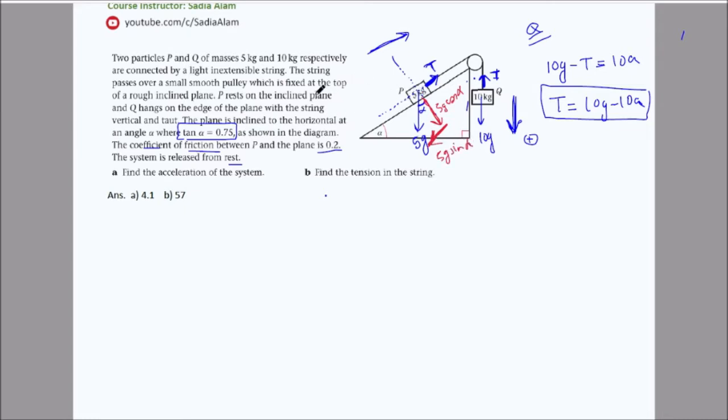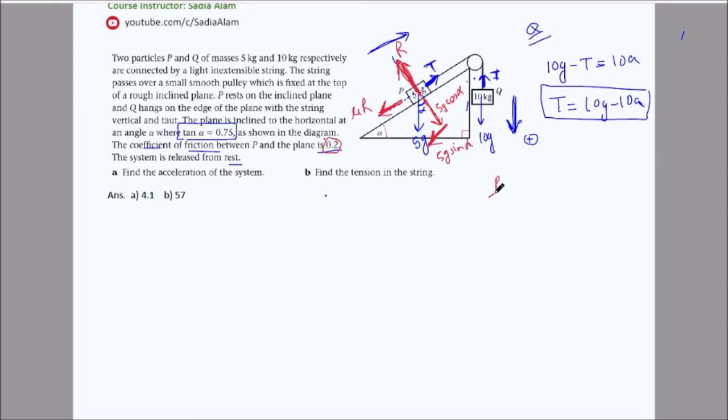And since there is friction, if it goes up the plane, friction will be down the plane. So we have frictional force, which is mu R. Mu is 0.2, but R is unknown, we need to calculate R. R acts perpendicular to the plane. So I have already included all the forces.